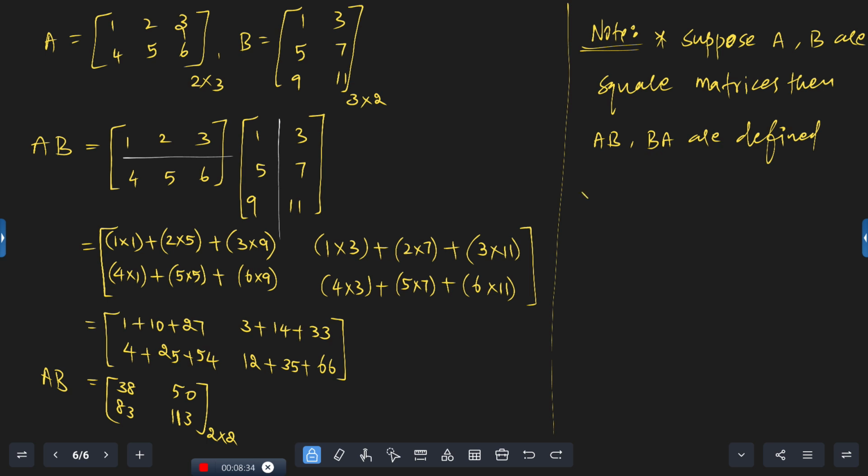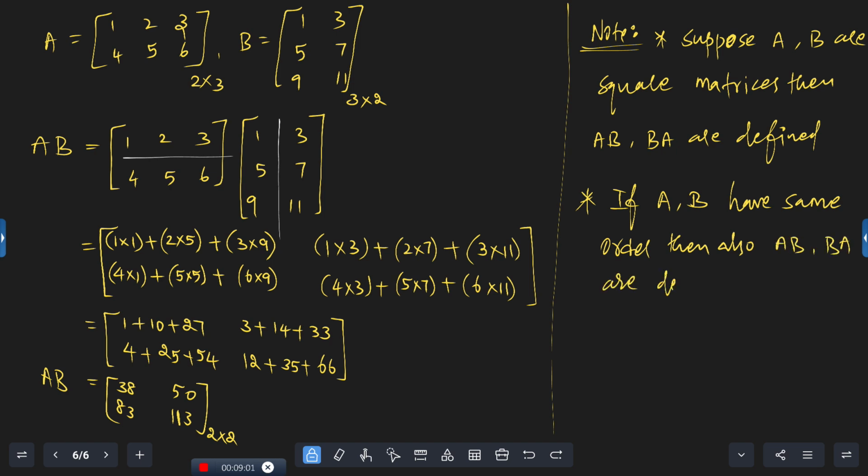Even if A, B have the same order, then also AB and BA are defined.